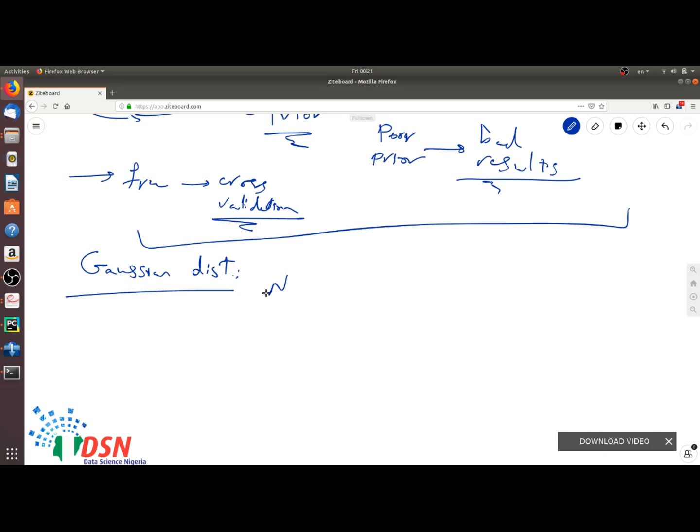We will discuss in the next sessions why it is so important, but for now you should think of it as a density function which has two parameters, and it is defined by this equation.